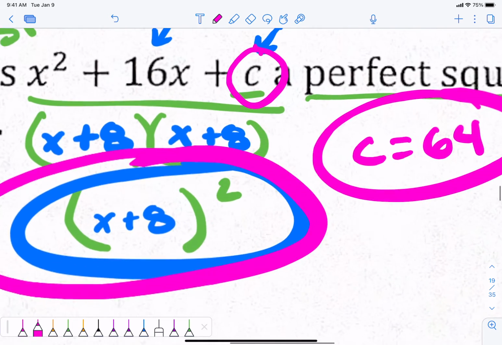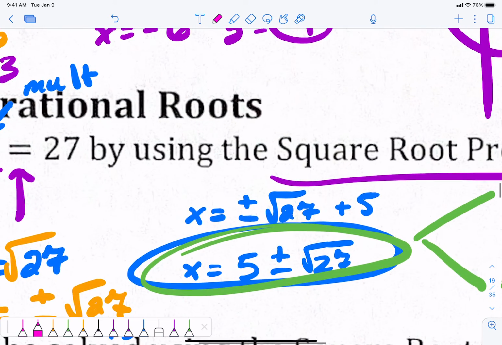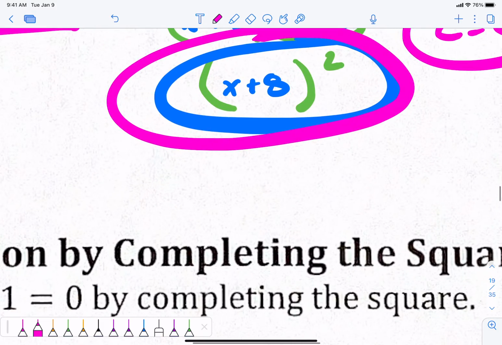That's this part. So they want both of those pieces. That's the two answers that they want. Does that make sense? We're almost to completing the square. This next problem, we're going to actually complete the square. And completing the square is going to involve what we did here with what we did up here. We're going to put both of those things together and combine them.